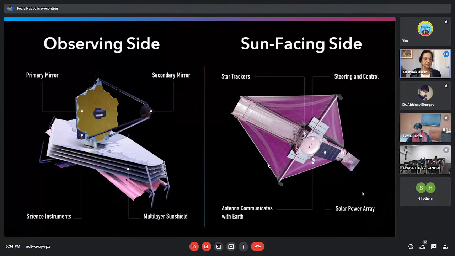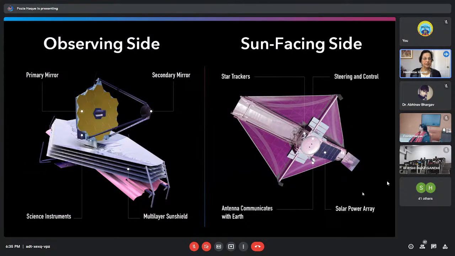It keeps the telescope very cold, which is required for an infrared telescope, so that the heat from the telescope doesn't interfere with the light from the objects it's viewing. And then the hot side is the side which faces the Sun. It has the solar array and the communication antenna.